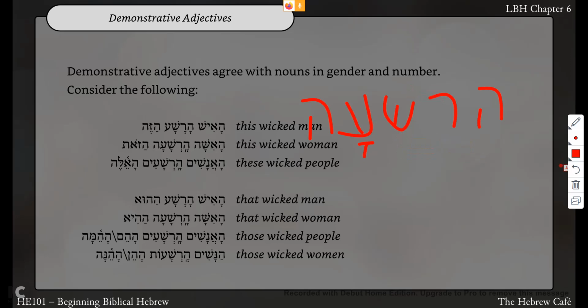Yeah, Ha'isha. Harasha. So I put the meteg right there to show that this is ha, and resha'a. Yep, ha-isha, ha-resha'a, hazot.